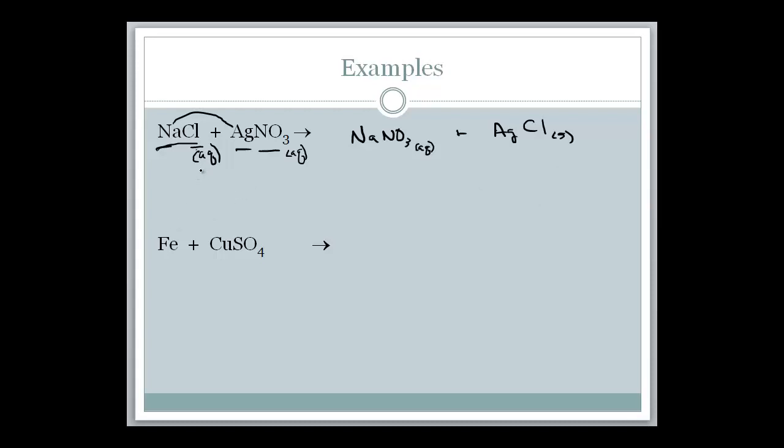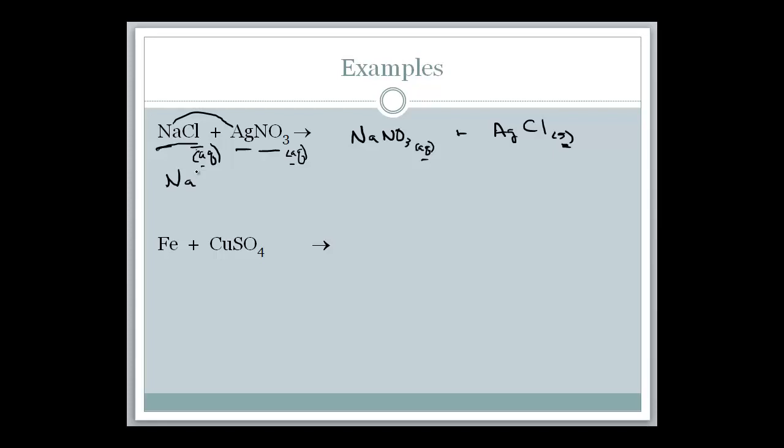Since it's double replacement, what we want to do is write the net ionic equation. Now we have aqueous, aqueous, aqueous, and solid. So something changes to solid, so we know this reaction happens. So the next step here, let's write it in ionic form.